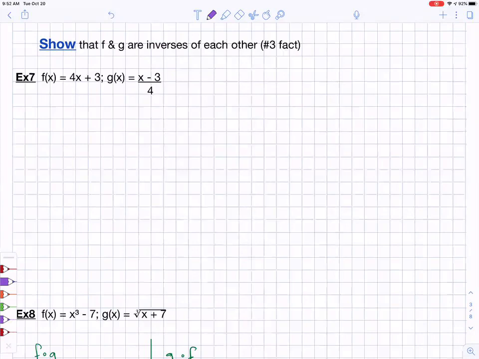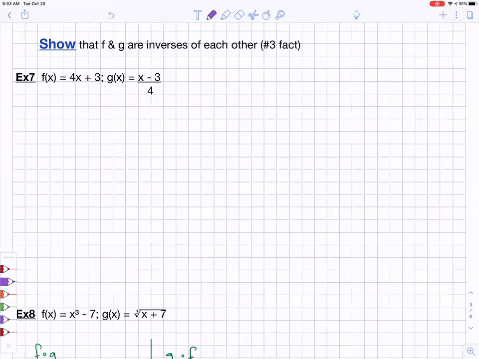There was one question where I gave you 2 functions, and part A said find f of g, part B said find g of f. If you did that correctly, when you found the composition, you got the value of x.